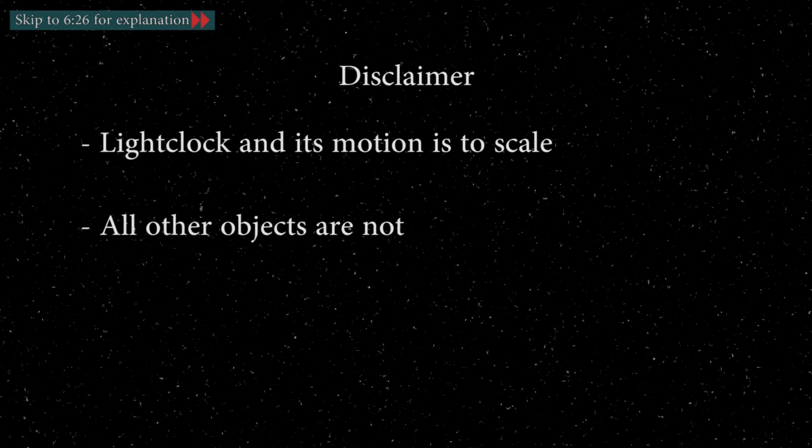For the disclaimer, since the video and the animations in this video are not perfect, I made sure the light clock and its motion is to scale, including the light beams. All the other objects like the Earth, the planet and spaceships are not drawn to scale.